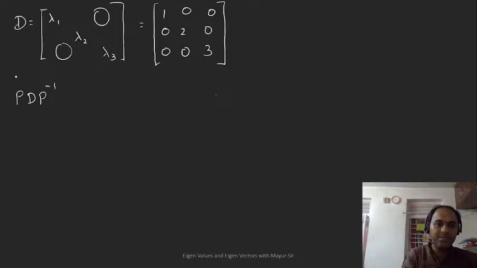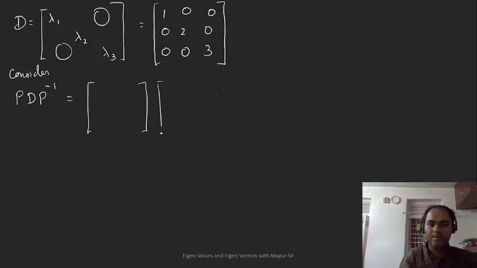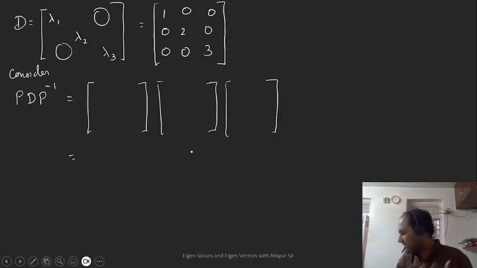We consider this PDP inverse and we calculate the whole thing. You don't have to do any manual calculation as you are equipped with calculators. You just put these three matrices in your calculator, you get the answer. The answer has to be capital A.